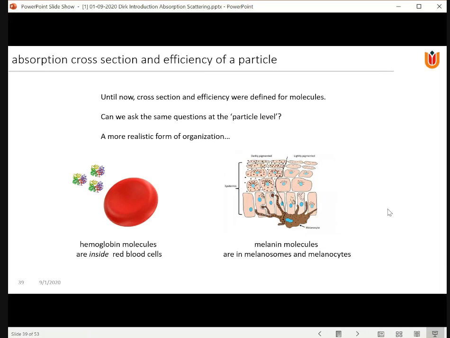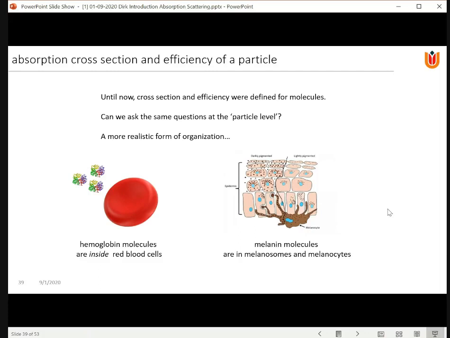One way of working around that: until now I've defined the efficiency and the cross section for molecules as a property of a molecule. But we can ask the same question: can we also define an efficiency or a cross section on a particle level? So not for a hemoglobin molecule, but for a red blood cell: the absorption efficiency of a red blood cell, and the absorption cross section of a red blood cell.